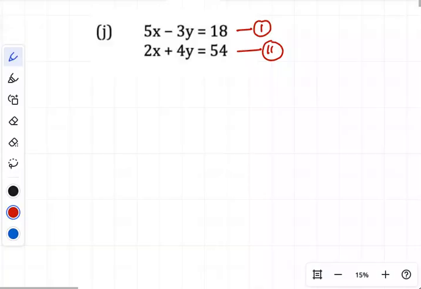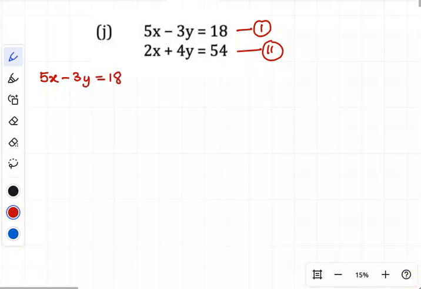The first thing is to make either x or y the subject of the relation. You can choose equation 1 or equation 2, but I'll be making use of equation 1, which is 5x minus 3y equals 18.